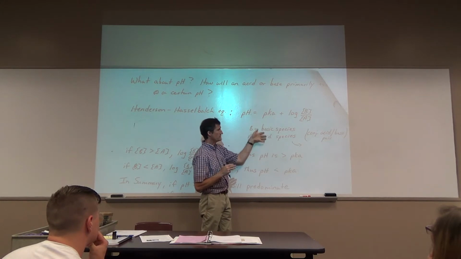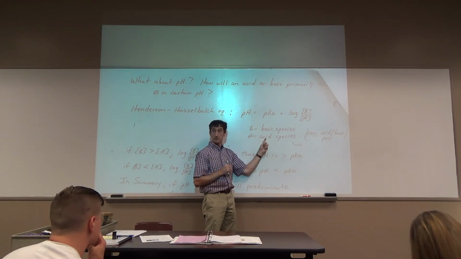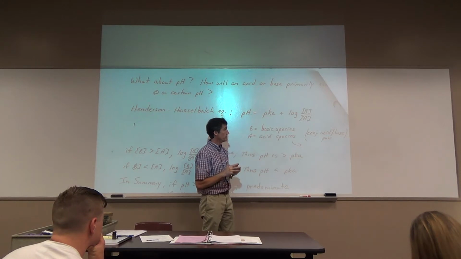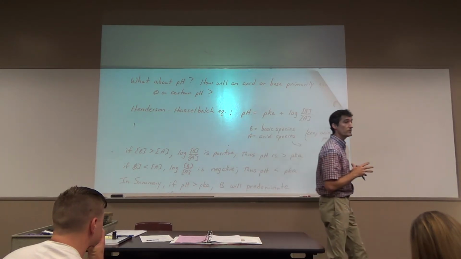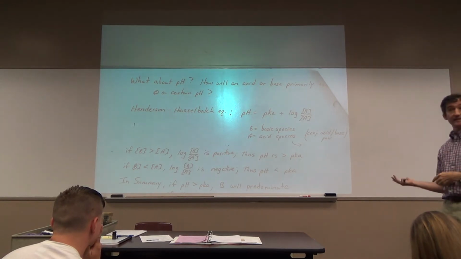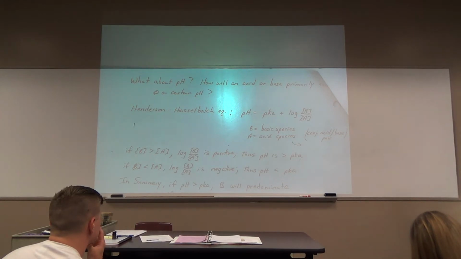This is your conjugate acid-base pair. The acidic species is when it has the proton. The basic species is when it does not have the proton. If you look at every reaction we did, on one side it had the proton, on the other side it didn't.